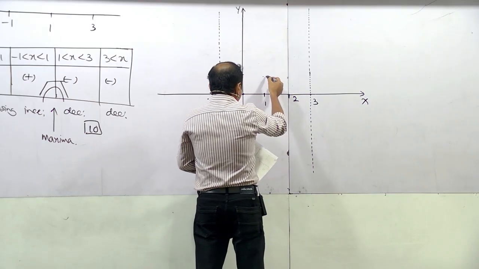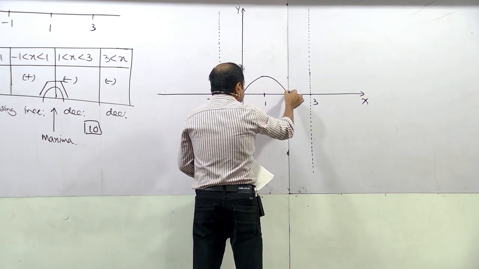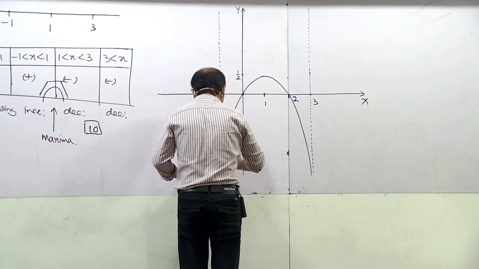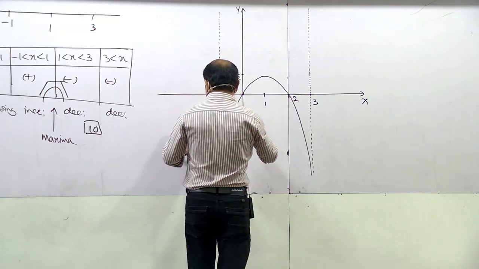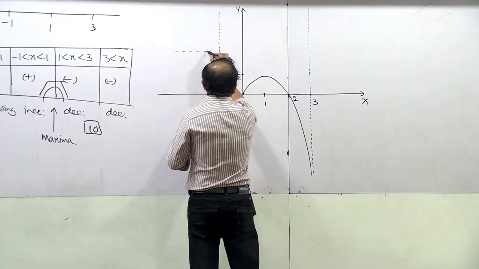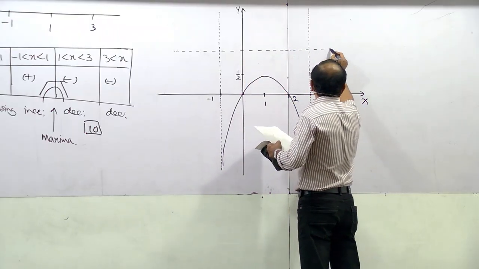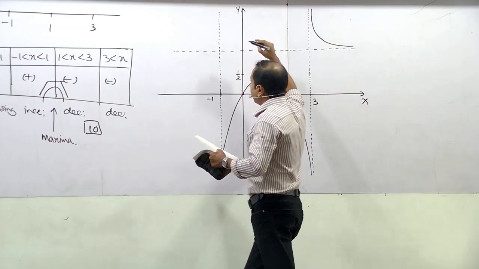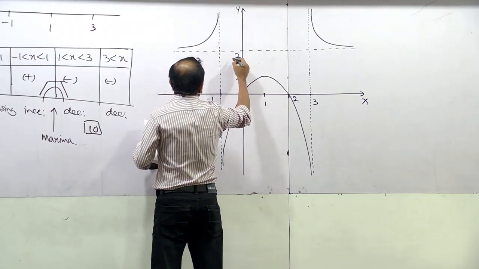The graph is now this way. It cuts the x-axis at 2 here.